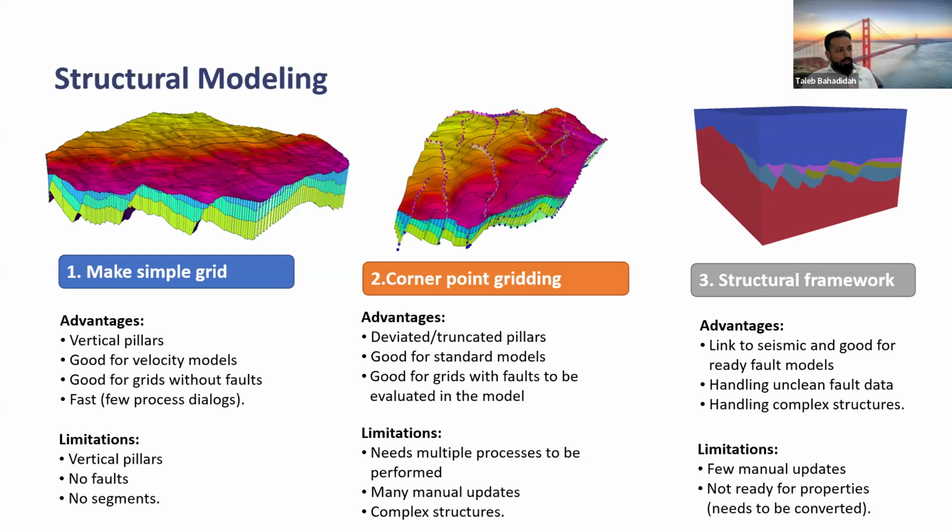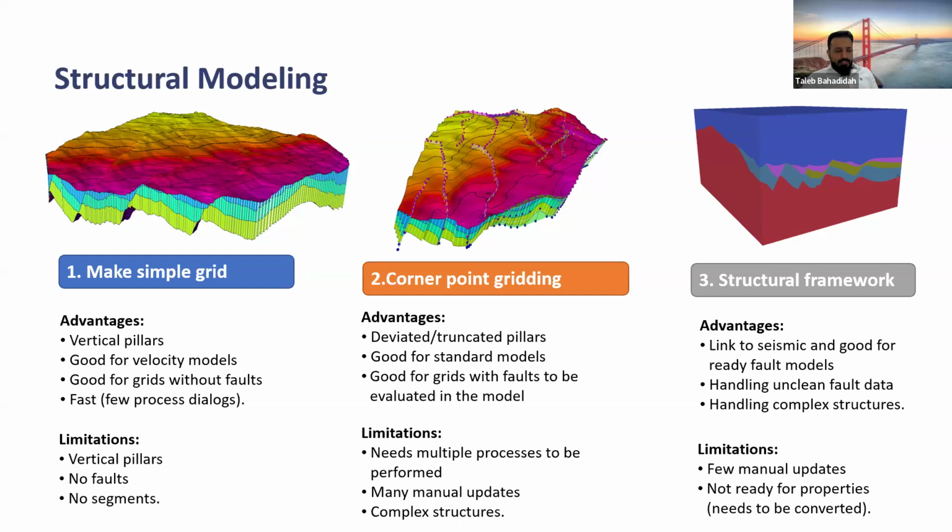If we look at corner point gridding, however, there are some advantages. They can handle deviated and truncated pillars. They are good for standard models, and they are good for grids with faults. I mean, if you have faults, this is one of the best methods to use for fault modeling.